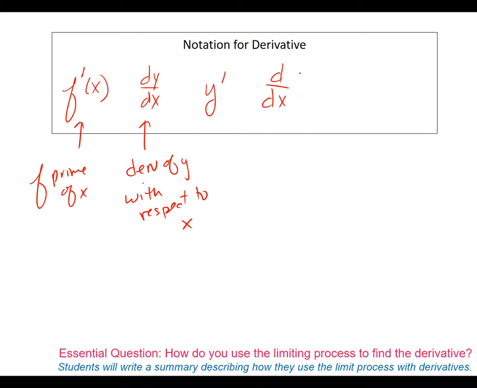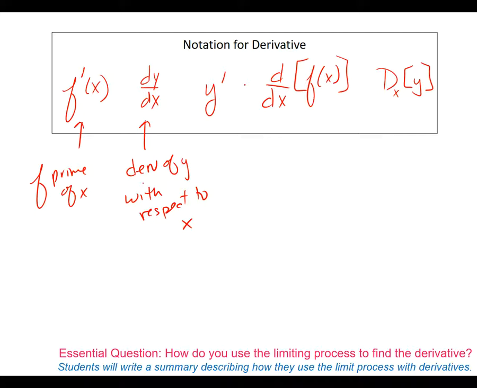This one, every so often they'll give you instructions that look like this, which again means derivative of the function with respect to x. And then this last one you very rarely see, but it is still a possibility. I don't remember whose notation that was. I'm not even sure how to read it. You don't use it every day.